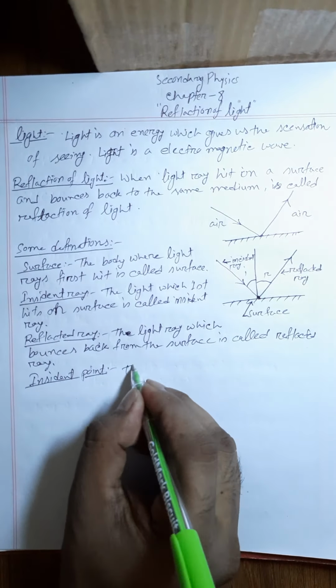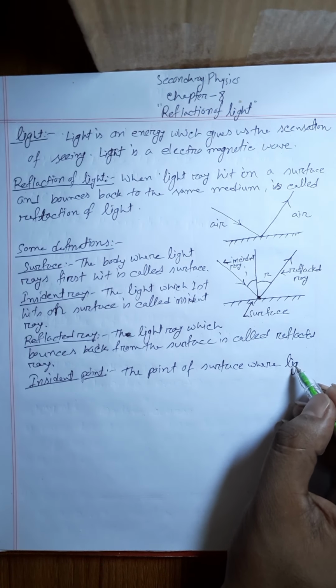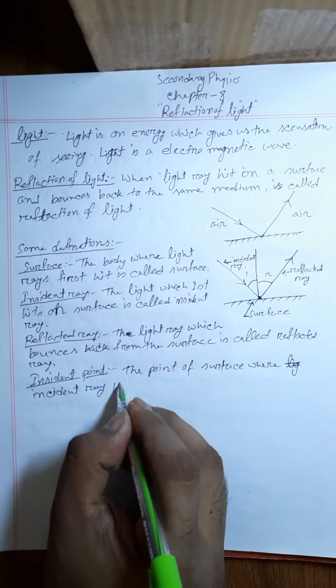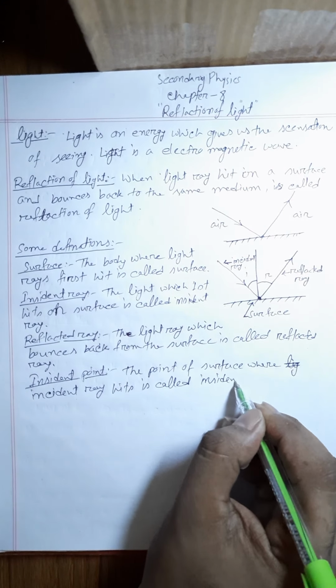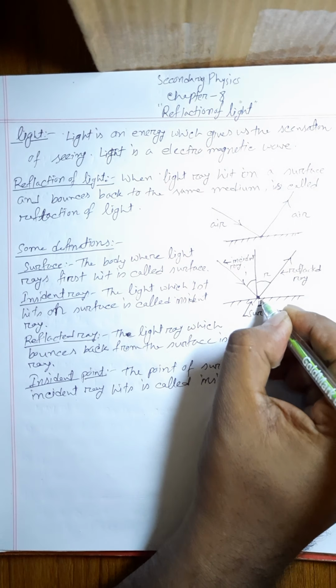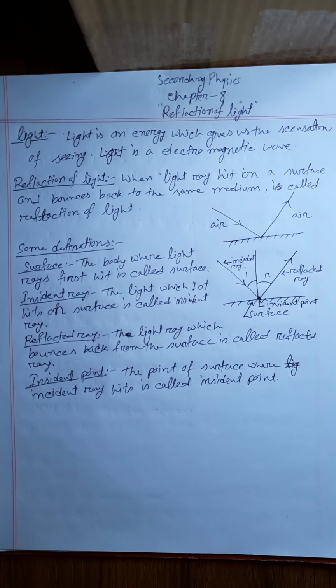The point on the surface where the incident ray hits is called the incident point. Incident point, this point.